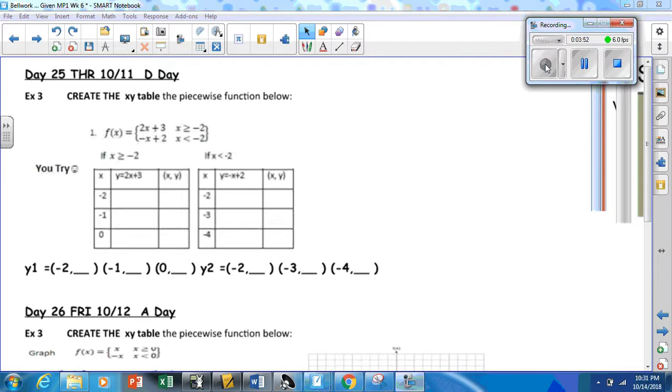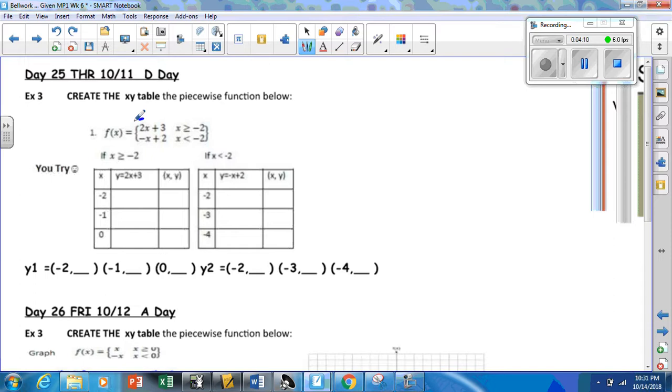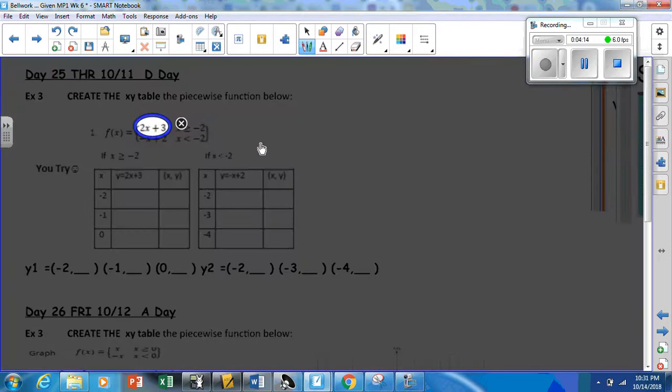Consider the bell work from day 25. We have the following restrictions. When x is greater than or equal to -2, my function is 2x plus 3.